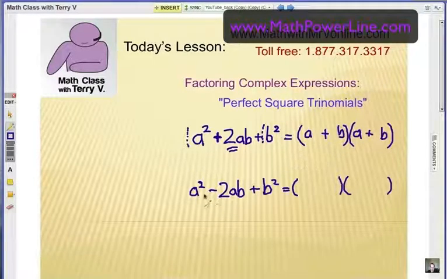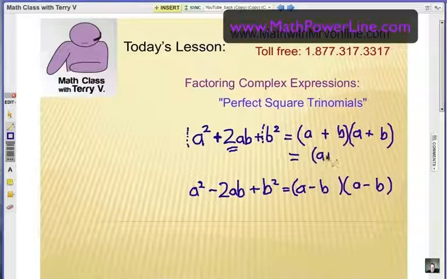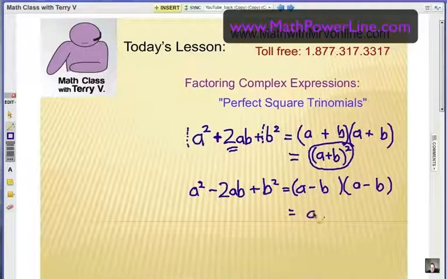Notice how the middle term here is negative, so it's going to be A minus B times A minus B. In these perfect square trinomials, when we factor them, both binomials are the same, so we actually can write it even simpler. Check with your teacher or textbook, but probably this is considered the best final answer right here. Use the exponent. So it's a binomial squared. That's how we factor it.